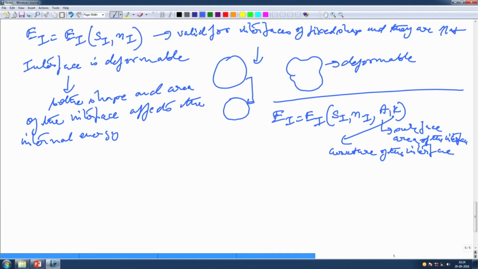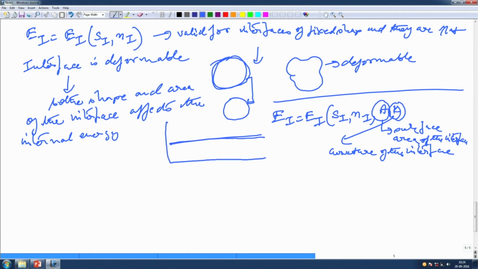So, what we can see over here is that if the interface is not deformable, it is only given by a function of two parameters. However, when the interface is actually deformable, then the surface area and the corresponding curvature come into the picture. Of course, here in this case the interface has got a curvature, so it does depend on K, the curvature, but if it is a flat interface like this, this curvature part does not come into the picture. Flat can be, for example, when you are evaporating.